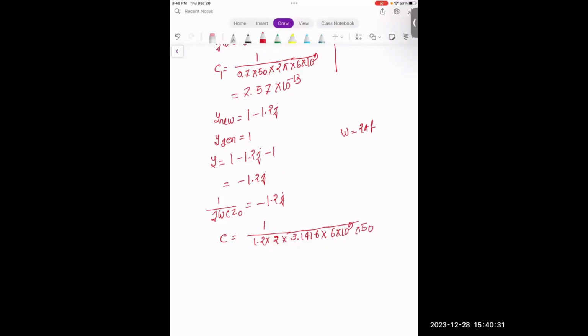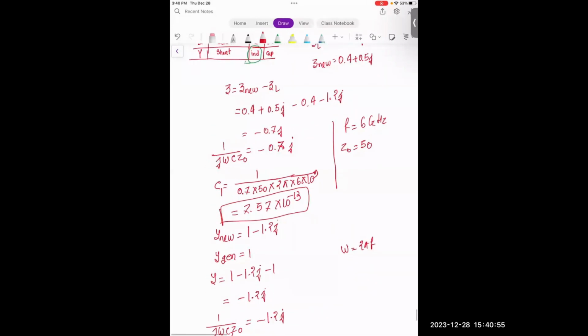So in this case our C2 value will be 1.2 over that, which is 4.4 times 10 to the power negative 13. So this is our C2 value. This is the way to find the CC matching and C value.